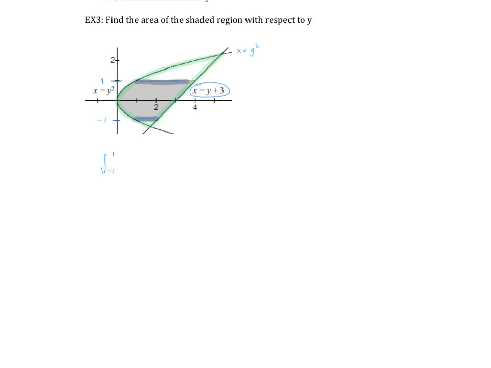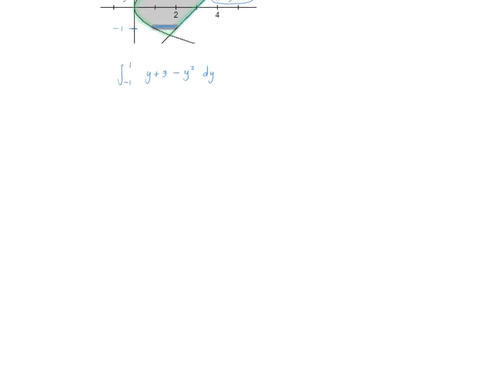The function on the right is y plus 3, right? Solve it for x, which it's already solved for x, and then you would put y in your integral. So it's going to be y plus 3, because that's the right function, minus y squared. We're going to integrate with respect to y, so it's a dy. And this becomes y squared over 2 plus 3y minus y to the third over 3.